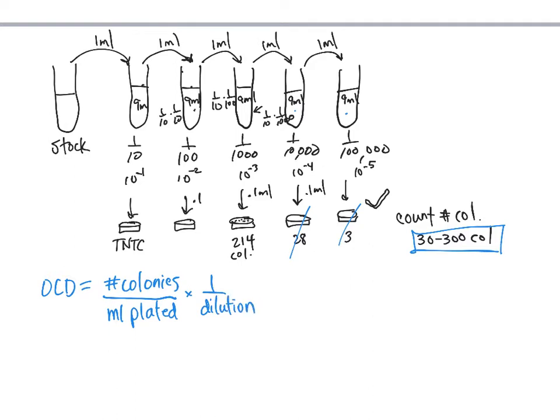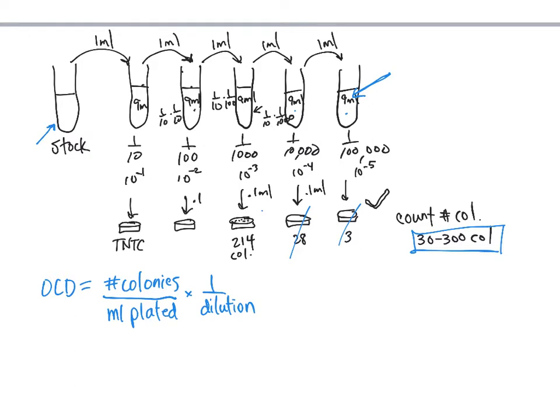Okay, so notice the volume that's in this dilution here, that doesn't make any difference. And our answer is going to be per mil, so it doesn't really matter how much volume is in your stock culture as well. If you knew you had 10 mils there and your answer was per mil, you could multiply by 10 and then get your total numbers there if you want.